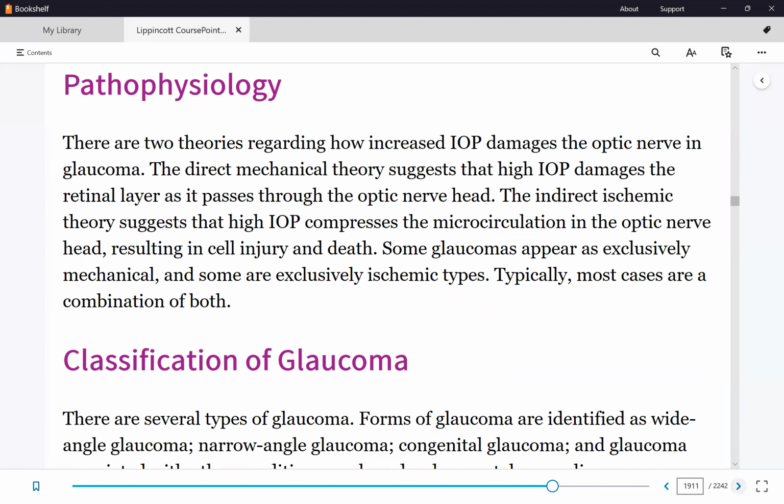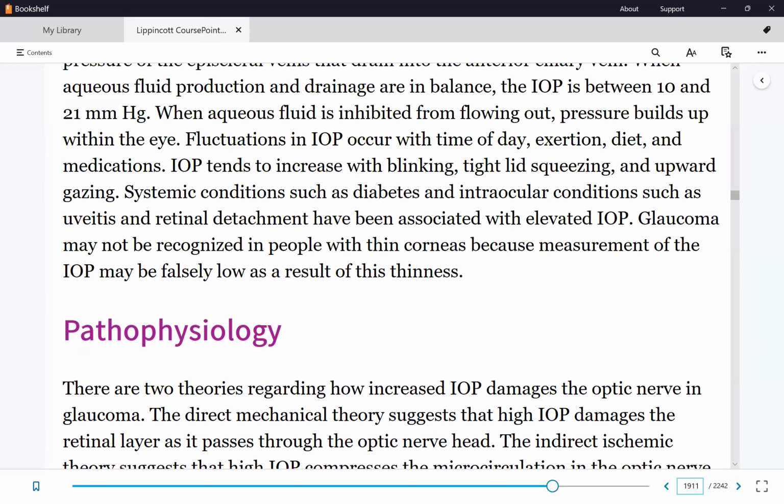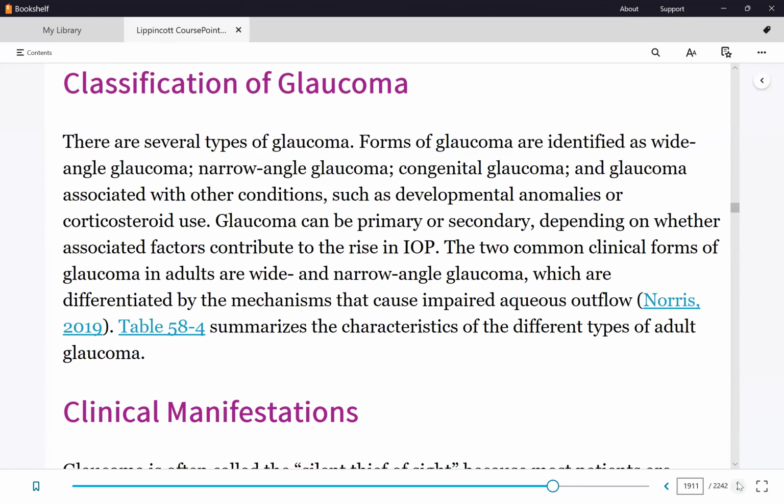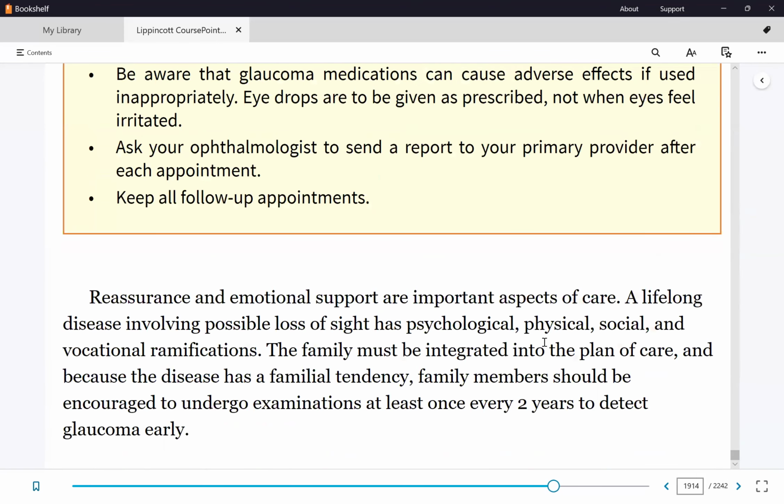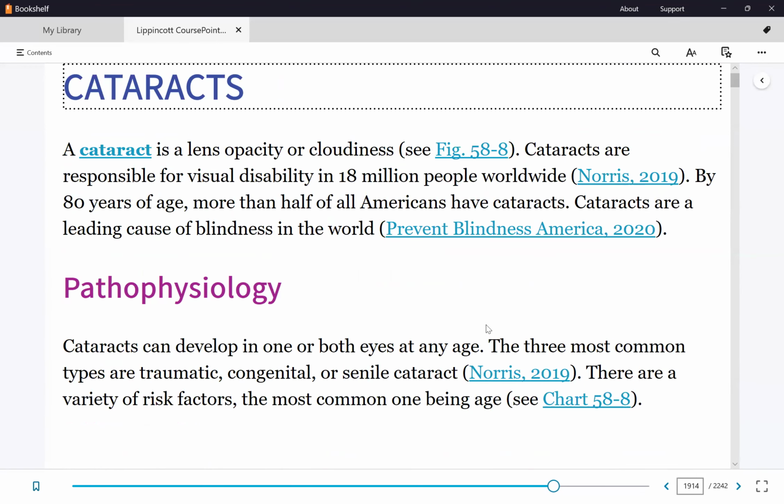Okay, let's go to cataracts. It is the lens opacity or cloudiness of the lens.